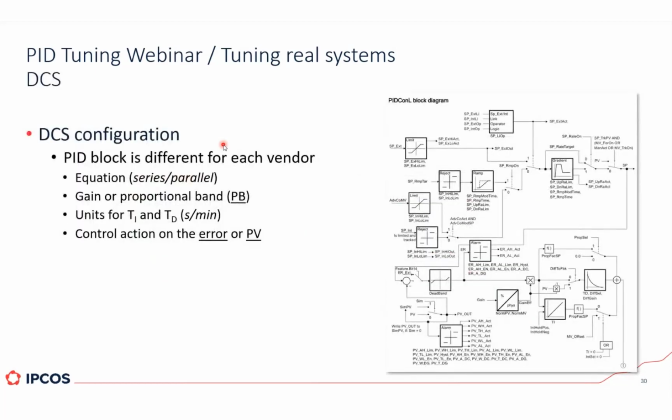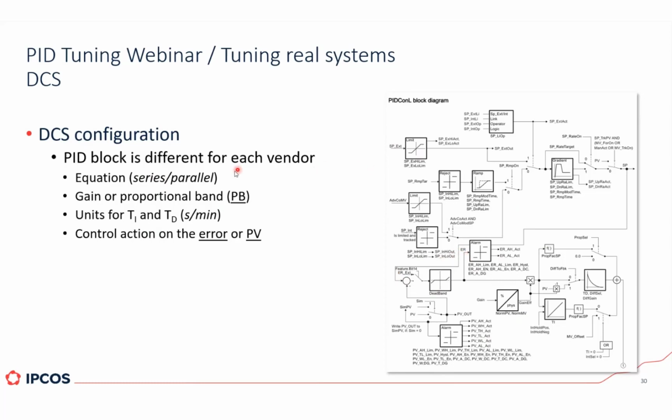So if we just talk about DCS configuration, this PID block will be different for each vendor. Sometimes it's even difficult to find the equation. You find these block diagrams, and you need to follow the lines to understand exactly what is configured inside the DCS.